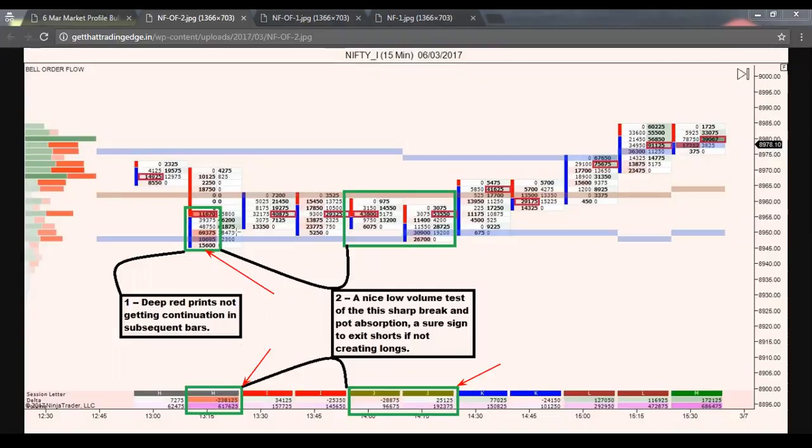So again, this was a kind of absorption going on, and then we came down in these two bars to test it on low volumes, and again that was a nice opportunity to go long, and the prices have closed quite far off from this level. So a scalp was definitely on, and we might see some follow through going into tomorrow's trend. So that is all I have to share for Nifty.